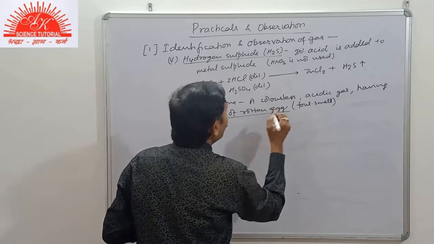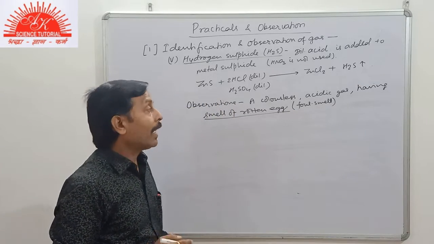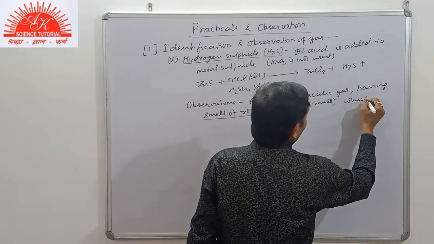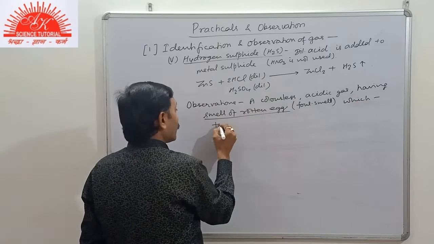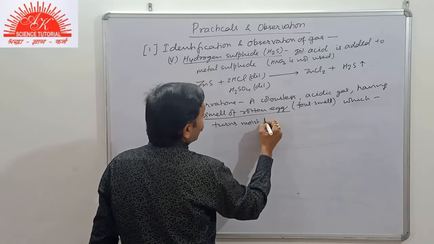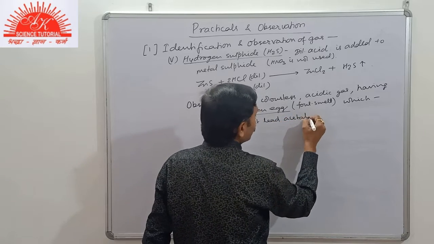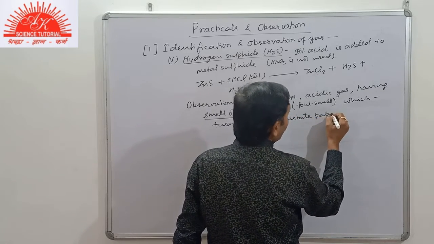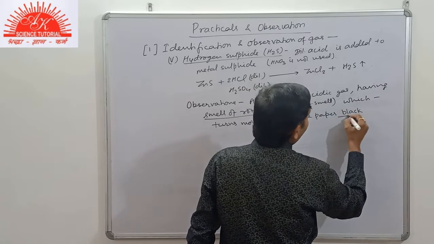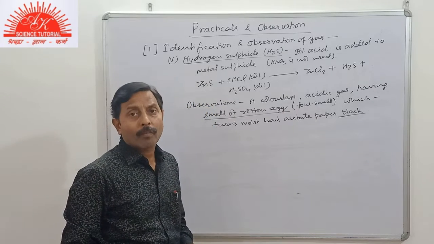So this is a smell of rotten egg, characteristic of hydrogen sulfide gas. And again here is the test which turns moist lead acetate paper black. Sometimes we also write silvery black or simply black.